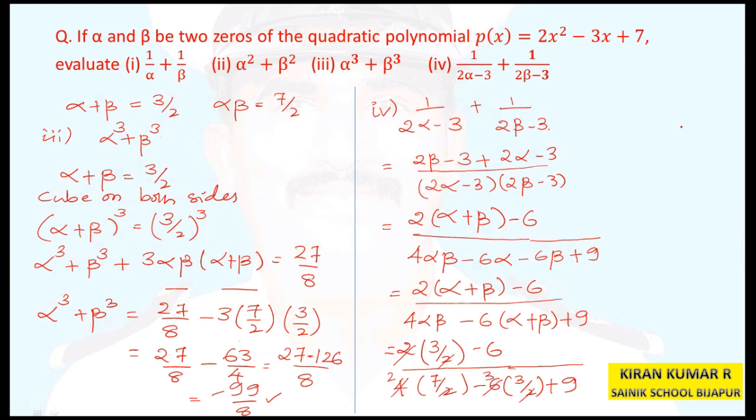Simplify this. So we get 3 minus 6 upon twice 7 is 14 minus 3 times 3 is 9, added to 9. This 9 and minus 9 get cancelled. You'll be getting minus 3 upon 14. So the value minus 3 upon 14 is for 1 by twice alpha minus 3 plus 1 by twice beta minus 3.